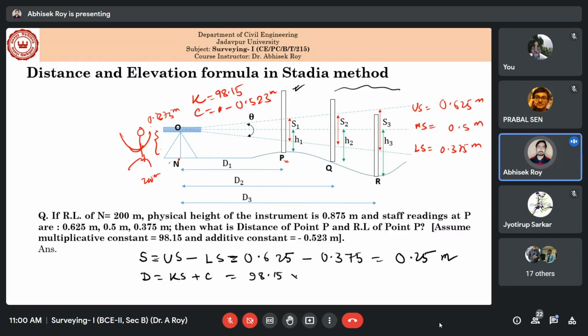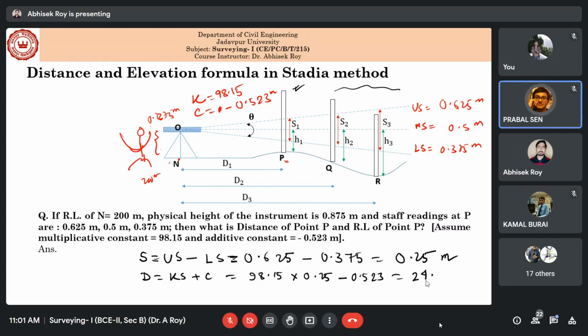S is what we calculated from the observed data, that is 0.25, and C is given as minus 0.523. So calculate. 24.0145. Yes, sir. Okay.